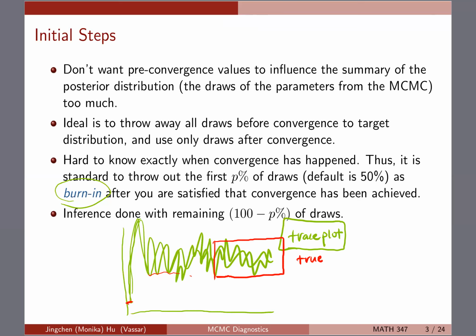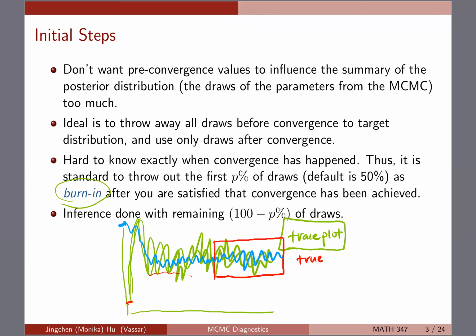So this would be one example. But you might start a chain at a different point, say here, because you don't know any better. Then if the model is good enough and the sampler is good enough, you should go down, hopefully quickly, and converge over here as well. So this is the general idea that it depends on where you start.